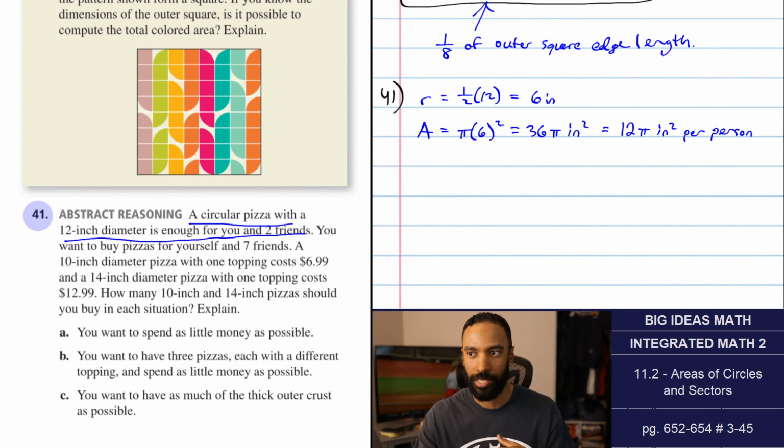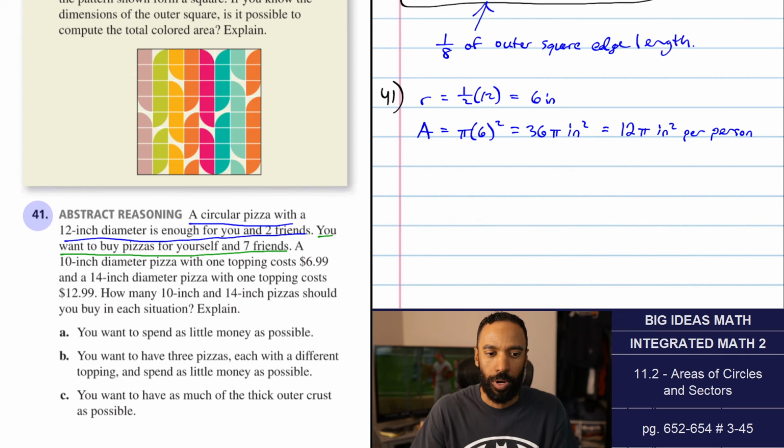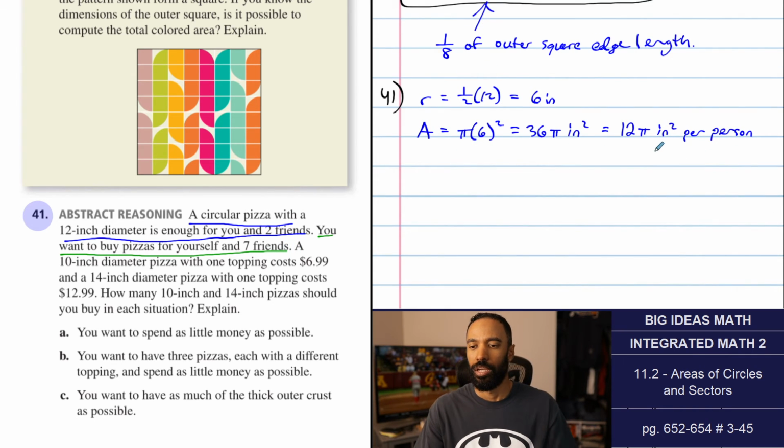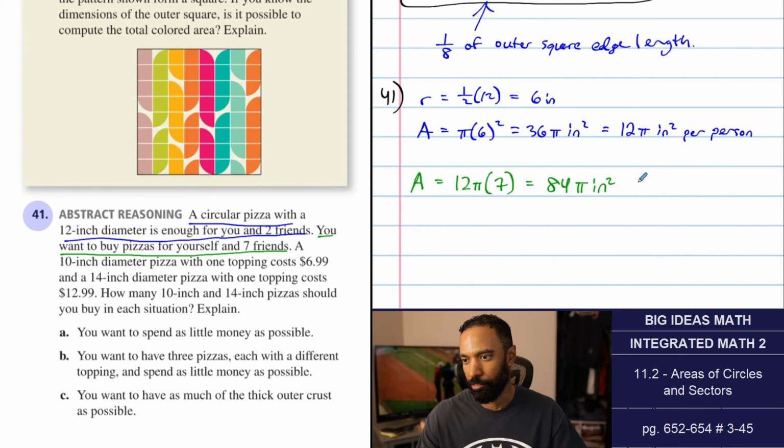My guess is we want to cover enough area for that, so we need to be greater than 12 pi times 7, or 84 pi square inches for all 7 friends, for 8 people.